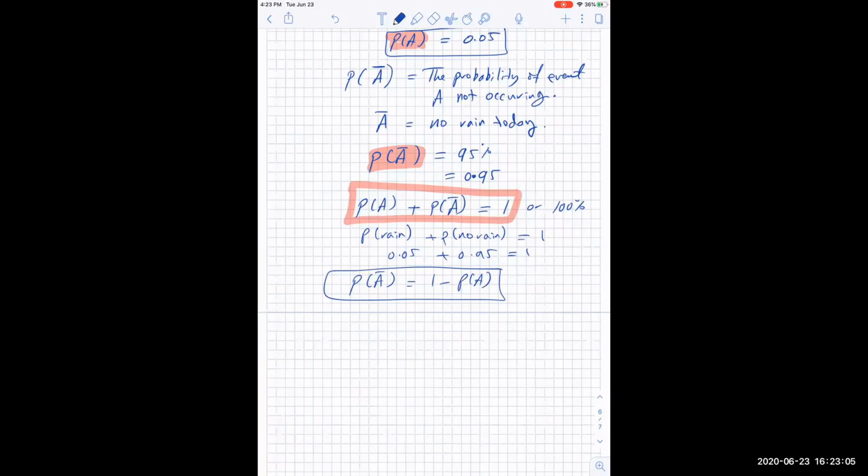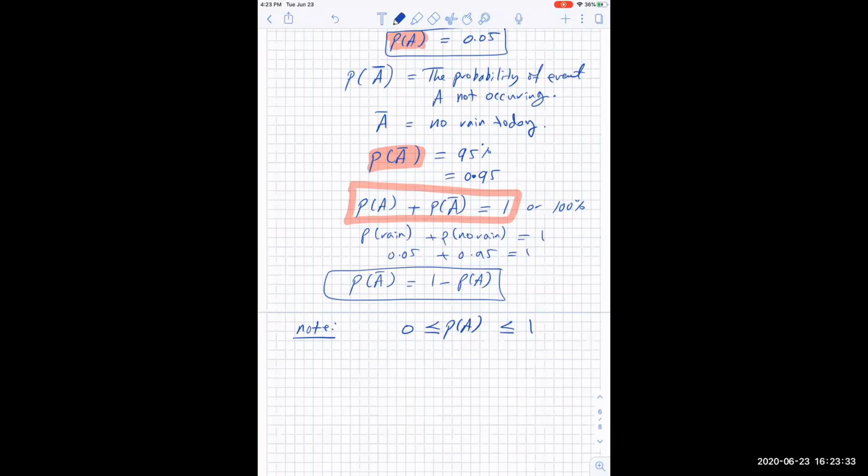Please note the following. The probability of any event A occurring is always greater than or equal to 0 and less than or equal to 1. A probability value is never negative.